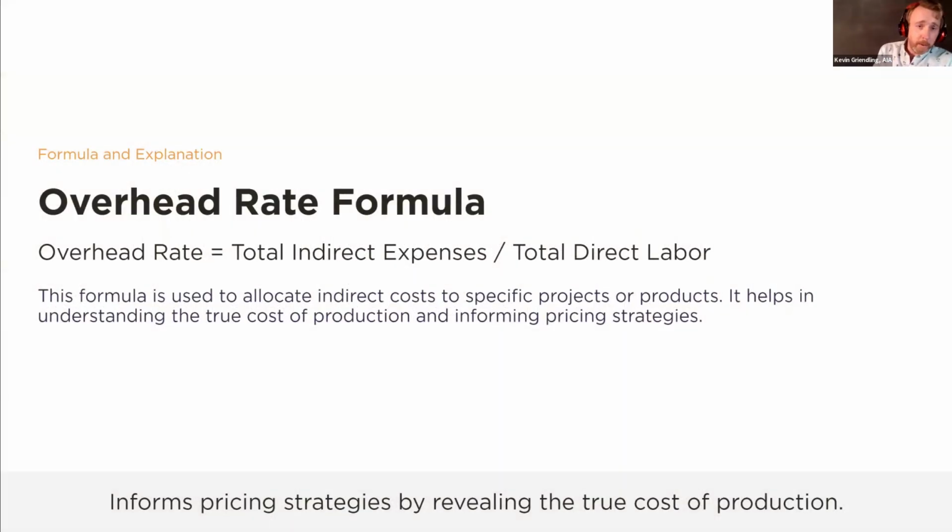That formula looks like this. The overhead rate is your total indirect expenses divided by your total direct labor. This is essentially going to get you to a multiplier, a performance metric that defines your profitability.